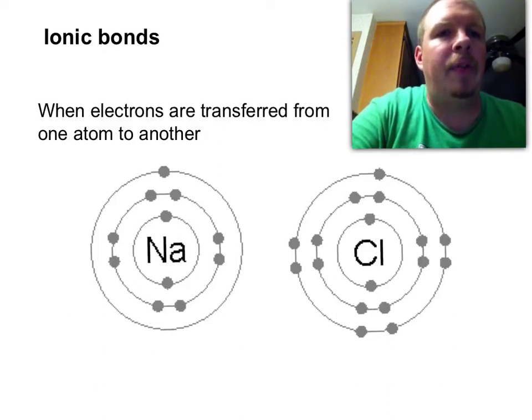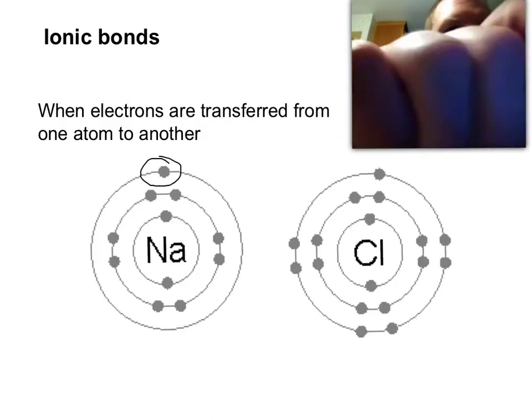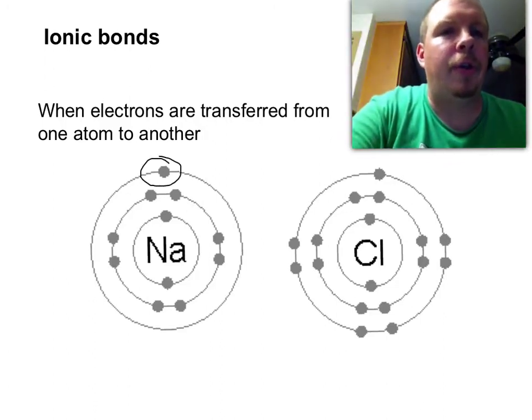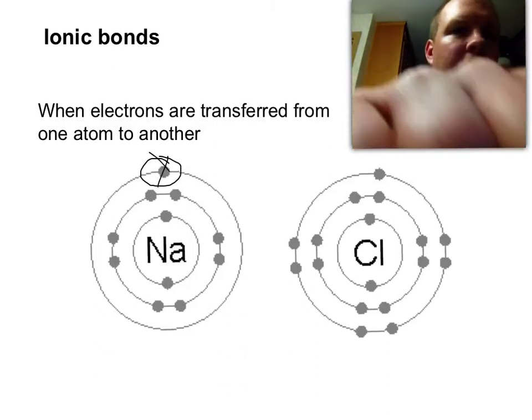So what happens is sodium has one electron right there in its third orbital, which can hold up to 8. So it either needs to get 7 more, or it can get rid of this electron.